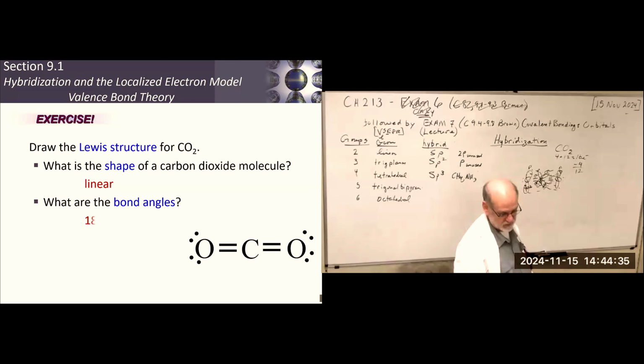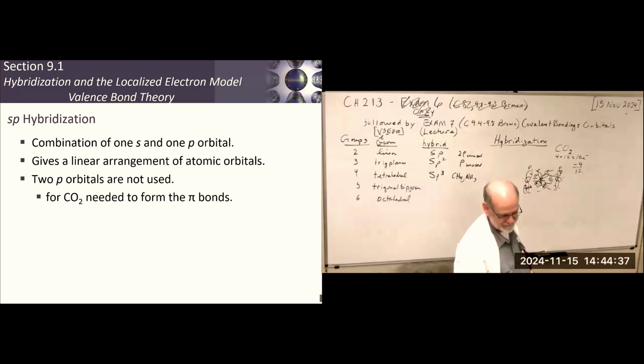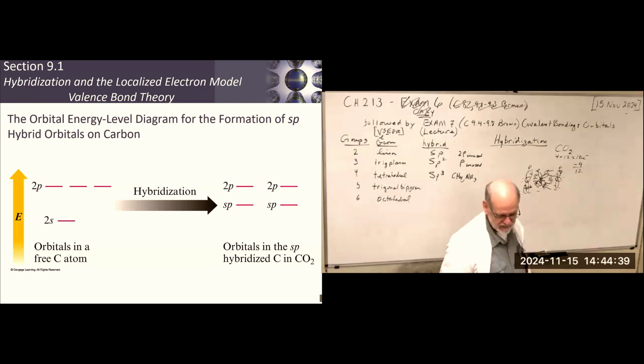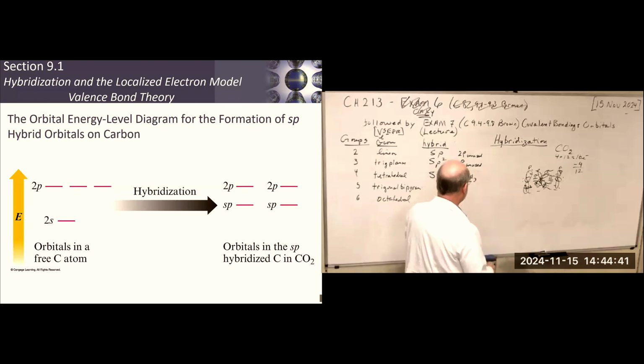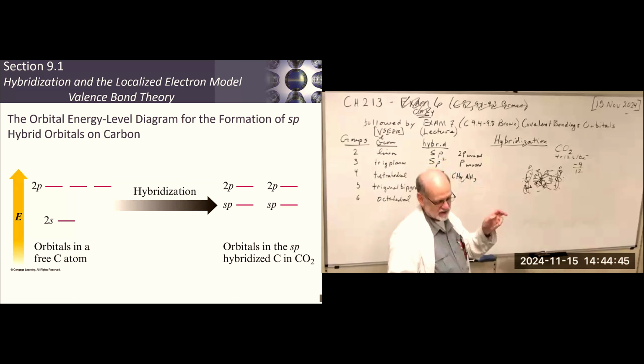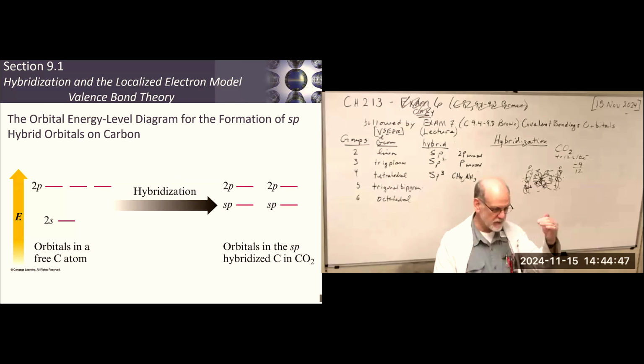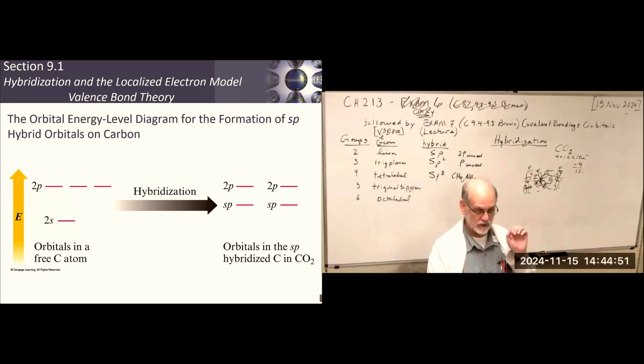This is the linear molecule. Now, since we only used 1 p and 1 s, the energy is going to be halfway in between the s and the p, 50-50. And then the other 2 p's that weren't used are at the same energy level as the originals.